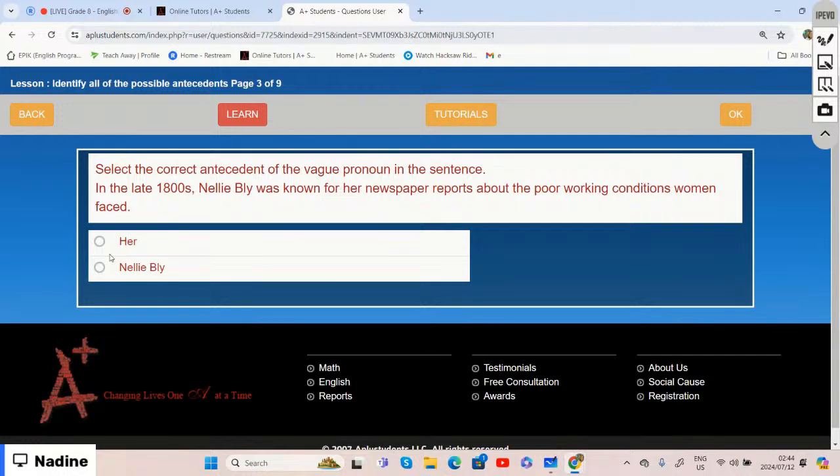The next one says in the late 1800s, Nellie Bly was known for her newspaper reports about the poor working conditions women faced. We need to select our antecedent. Is it her or is it Nellie Bly?